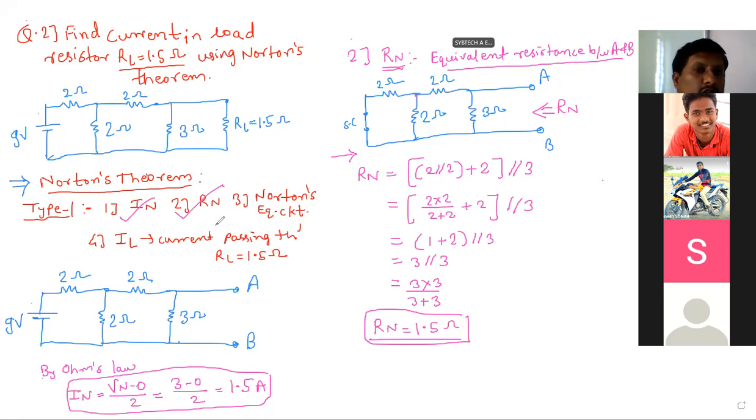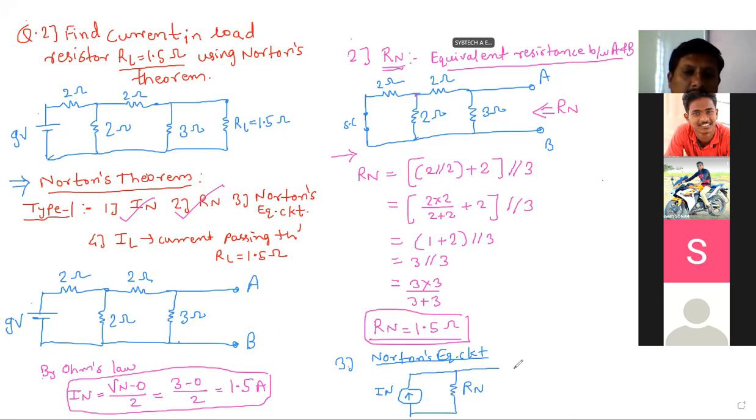Now that you have IN and RN, you have to draw the Norton's equivalent circuit. So the current source IN is in parallel with RN, and between the A and B terminals we have to connect the load resistor.